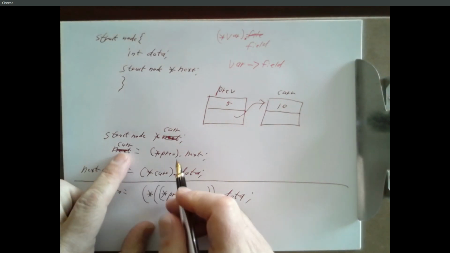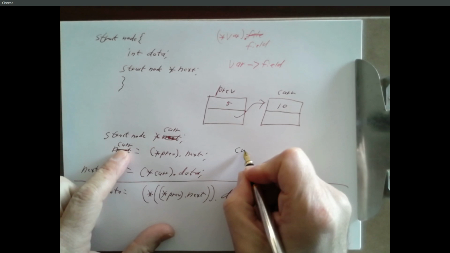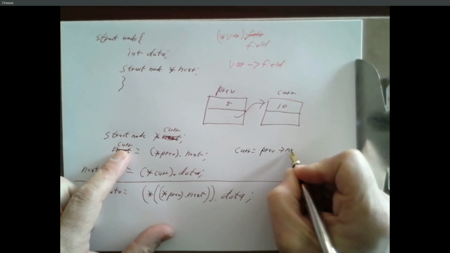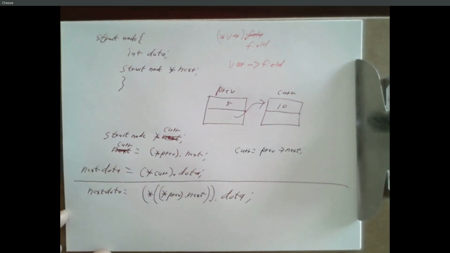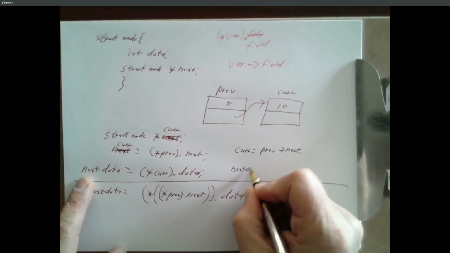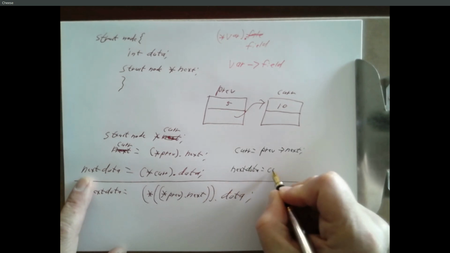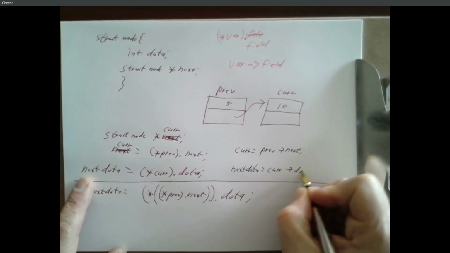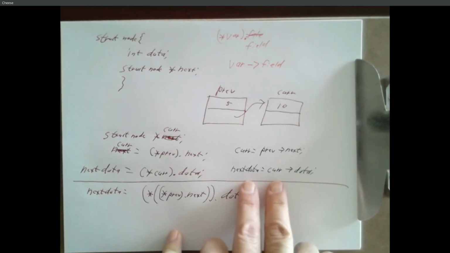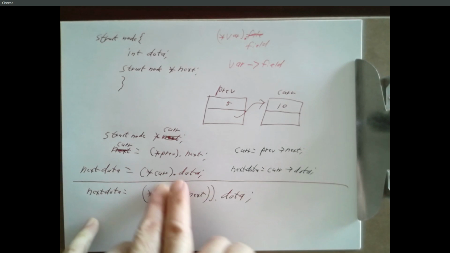So we could have written this current statement instead as current equals previous arrow next. And then we could have written this second statement as next data equals current arrow data. And this is a whole lot nicer to work with than that.